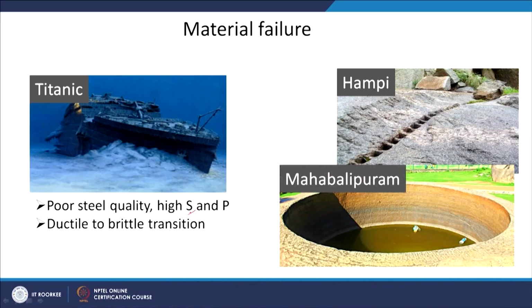The problem was that the steel they were using at that time had very high sulfur and phosphorus content. When you have this high sulfur and phosphorus content, your low temperature properties are not good for that steel. So steel starts behaving like a brittle material at low temperature.